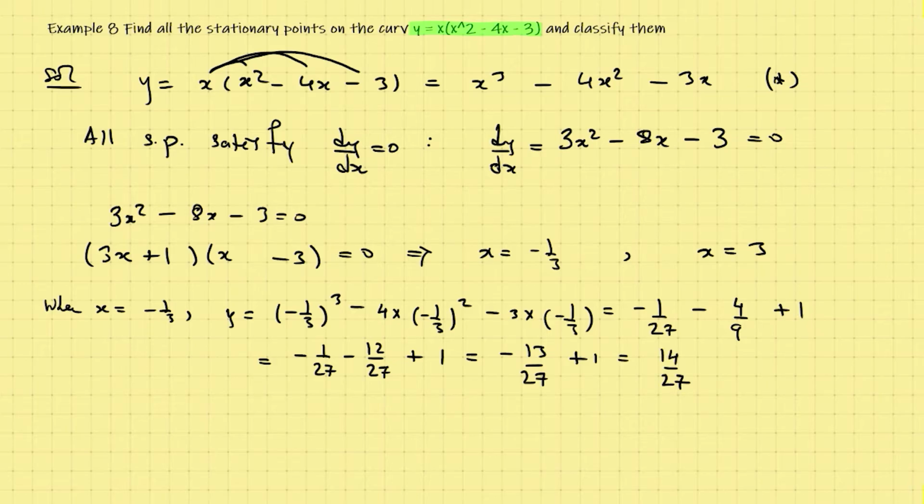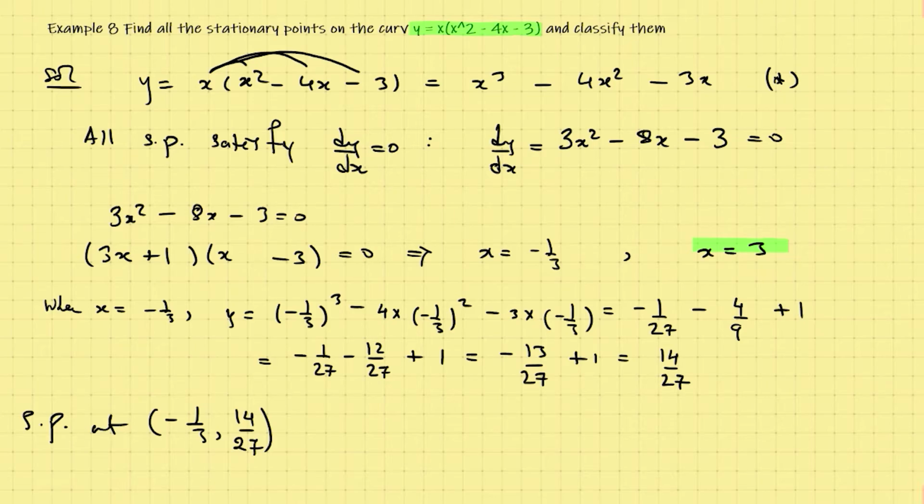So we have a stationary point at minus a third and 14 over 27. We can go and repeat this for our second point, which is at x equals 3.